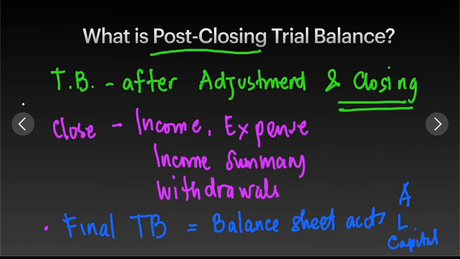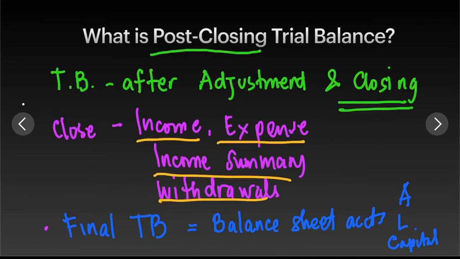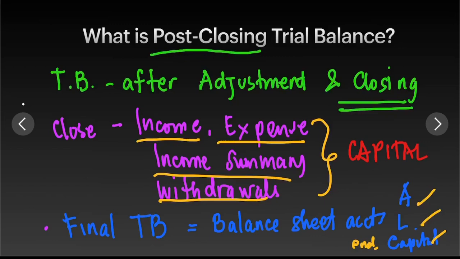Because since this is after adjustment and closing, we already closed the income, the expense, the income summary, and the withdrawals account. So the remaining accounts that are considered to be open are your assets, your liabilities, and your capital account, which is the ending capital account. Let us all remember that when we close the income, the expense, the income summary, and withdrawals, we are actually closing them through the use of your capital account.